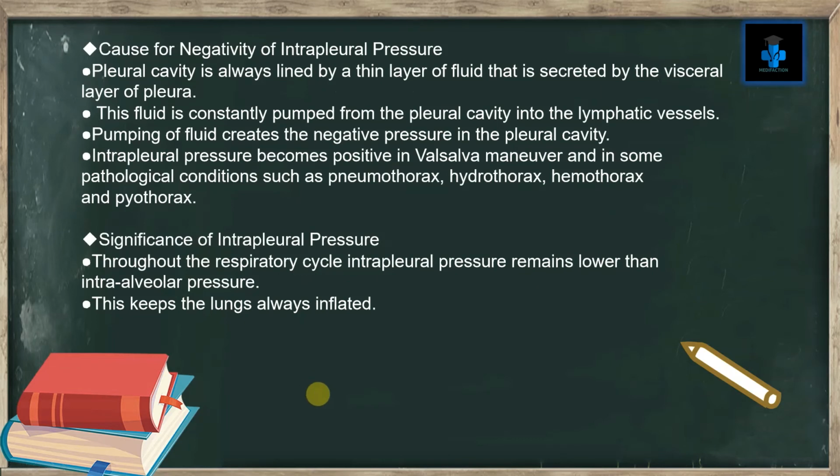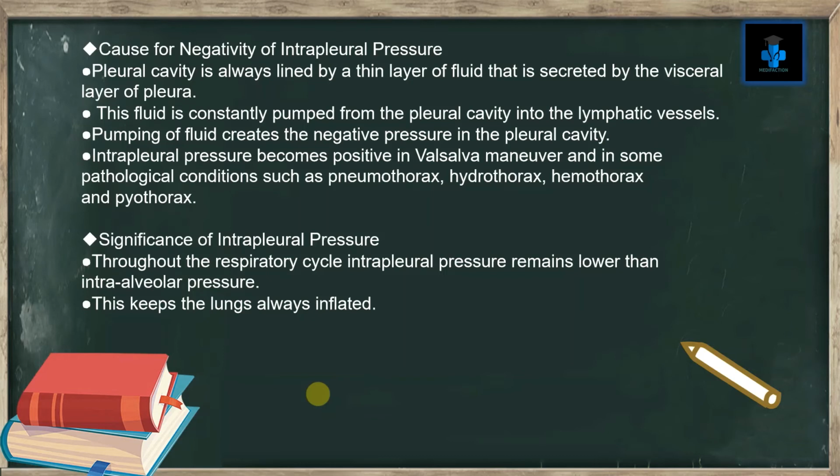Cause for the negativity of intrapleural pressure. Pleural cavity is always lined by a thin layer of fluid that is secreted by the visceral layer of pleura. This fluid is constantly pumped from the pleural cavity into the lymphatic vessels. Pumping of fluid creates the negative pressure in the pleural cavity.